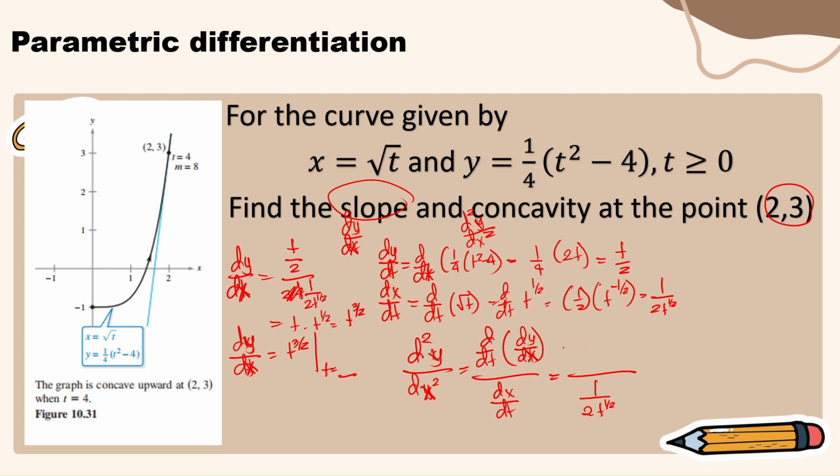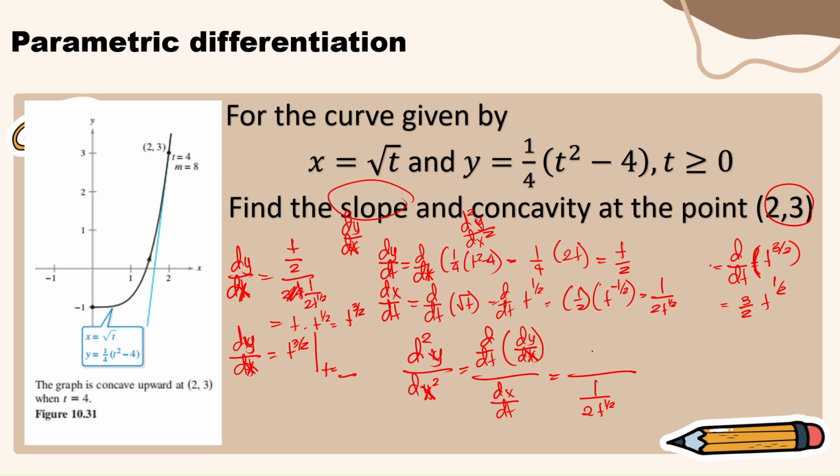So, for our numerator, we will differentiate our first derivative. So, that will be d over dt of the first derivative, which is t raised to 3 halves. And the derivative of t raised to 3 halves is simply equal to 3 halves times t raised to 3 halves minus 1. And 3 halves minus 1 is 1 half.